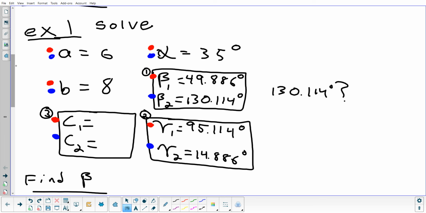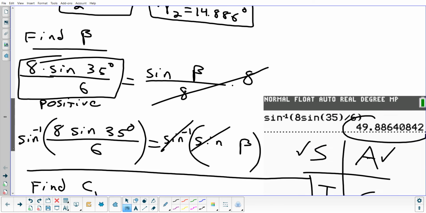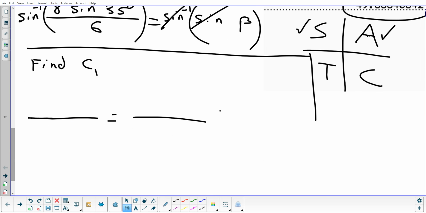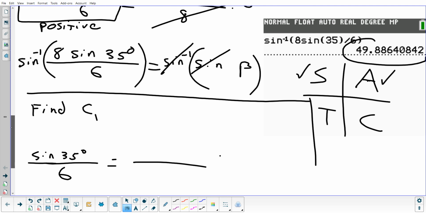Yeah, Sarah? A and alpha. A and alpha is not only a red row, it's a blue row, so it works in both. The other reason I would use that is because there's no decimals. Technically, B beta 1 is a red row as well, but it uses decimals, so let's stay away from it. All right, so let's fill in sine 35 over 6.